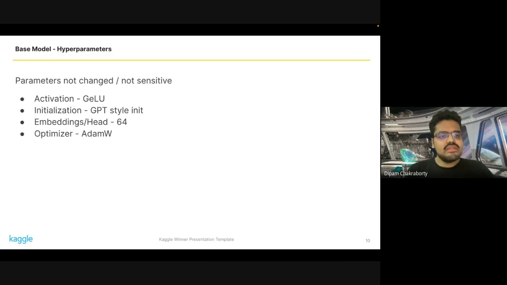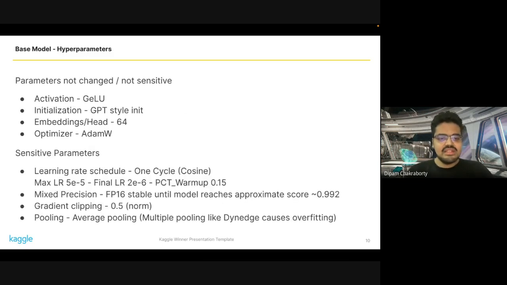Okay, so then we have just details about the hyperparameters. These are pretty standard nowadays. I mean, things keep changing really fast, of course, but it's standard to use the GELU activations or a different style of units. GPT is pretty common, so that's what I went with, the AdamW optimizer and 64 head size. And what was pretty sensitive was the learning rate schedule.